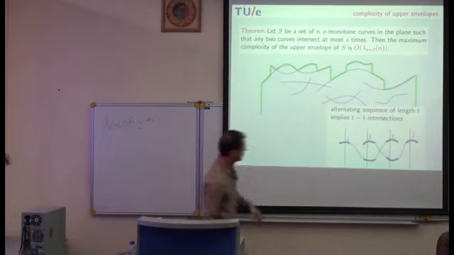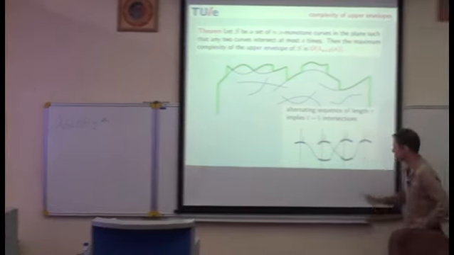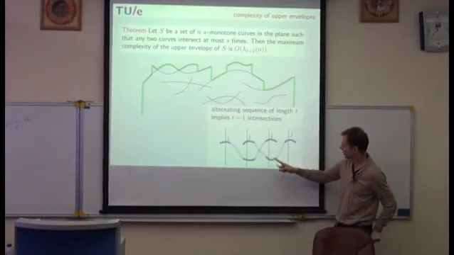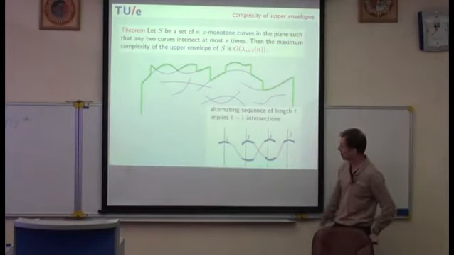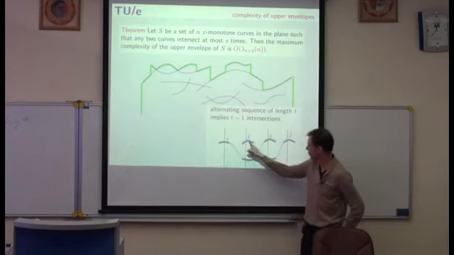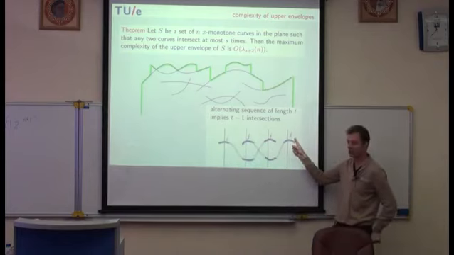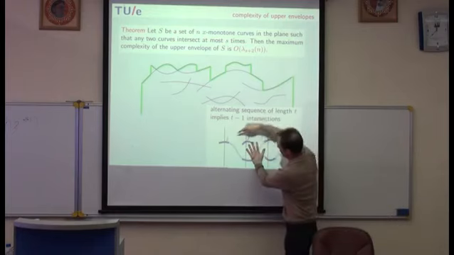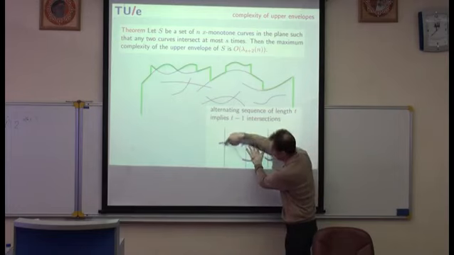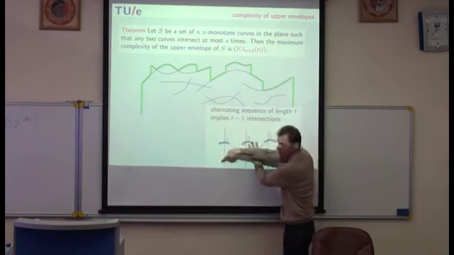Now actually it's a little bit different, because as you can see here, even though I have only one intersection, I can still have i j. The argument used to be, if I have i here and j here, then here j is above i, and here i is above j, so I must have an intersection.